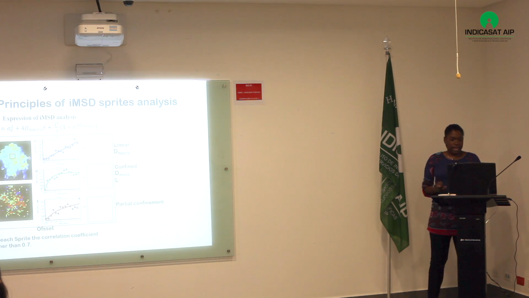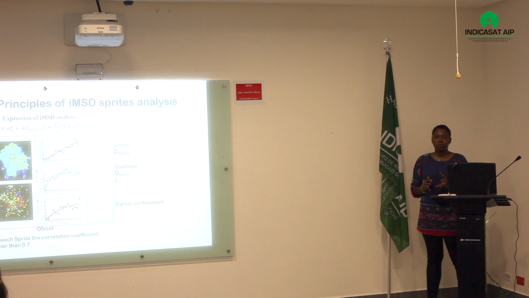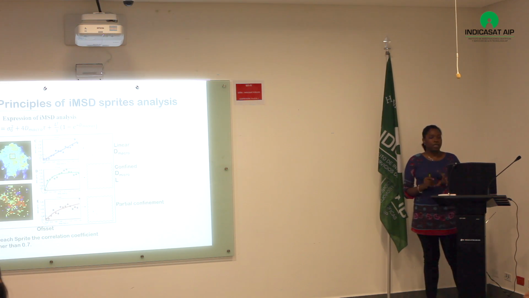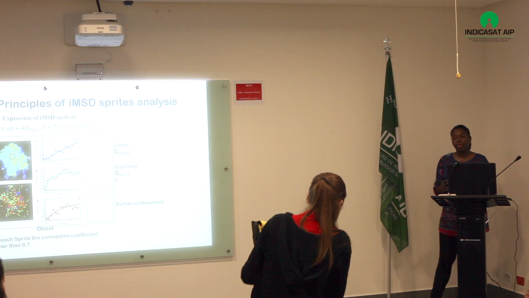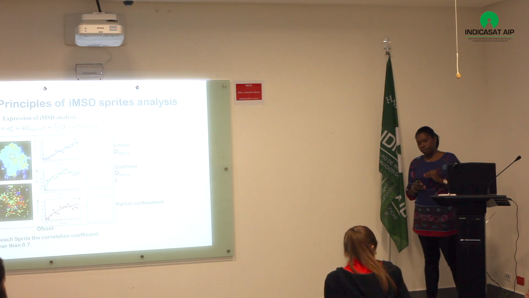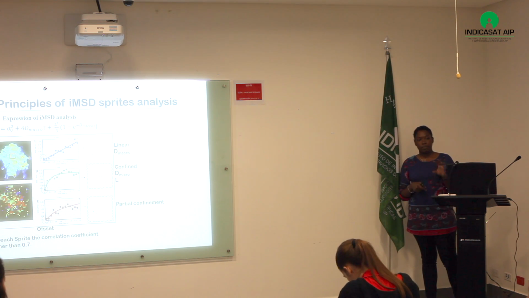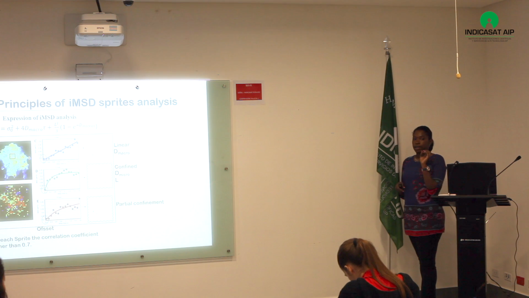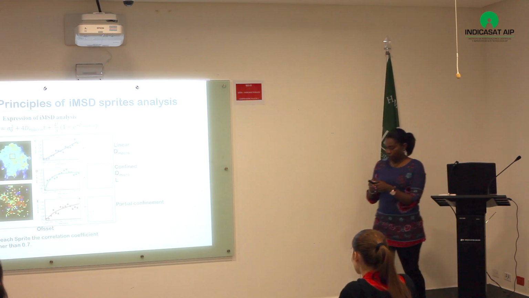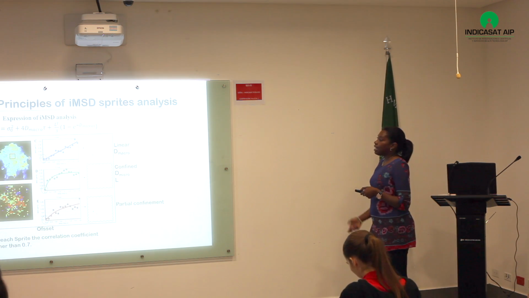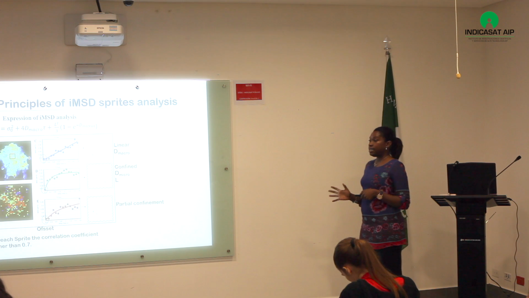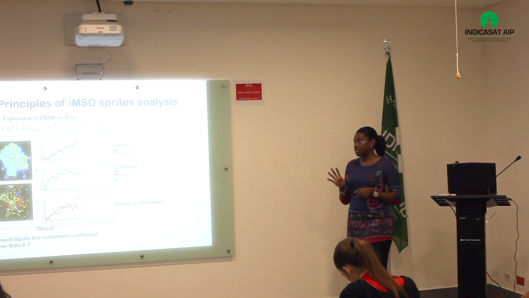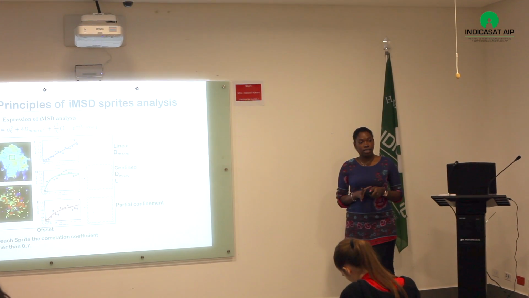So, for the dynamics, to be able to measure the movement of these receptors, I use the IMSD analysis method. IMSD means mean square displacement. I measure in a specific region. In the IMSD analysis, I measure the mean square displacement of the particles in time, and with this analysis we are able to extrapolate the different protein diffusion laws.